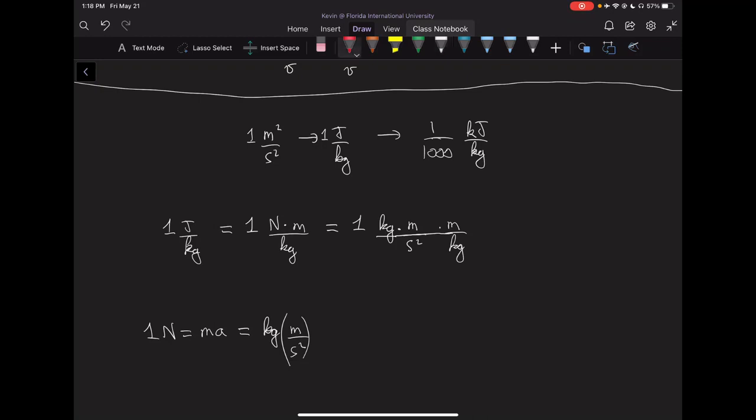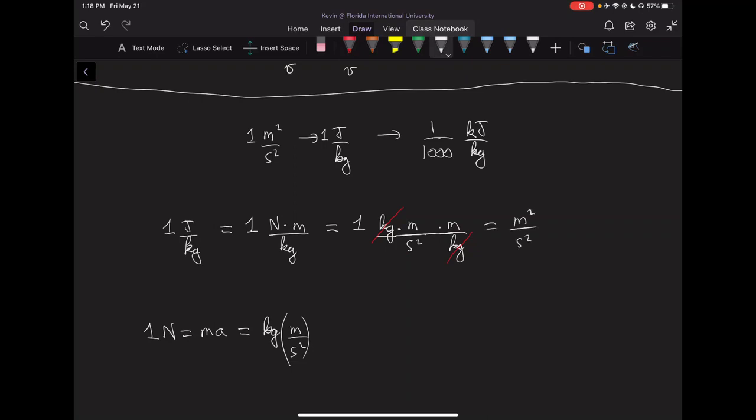We can see that we have a kilogram on top and a kilogram at the bottom, so we can cancel these two. So we're left with meters times meters over second squared, which is equal to meters squared per second squared.